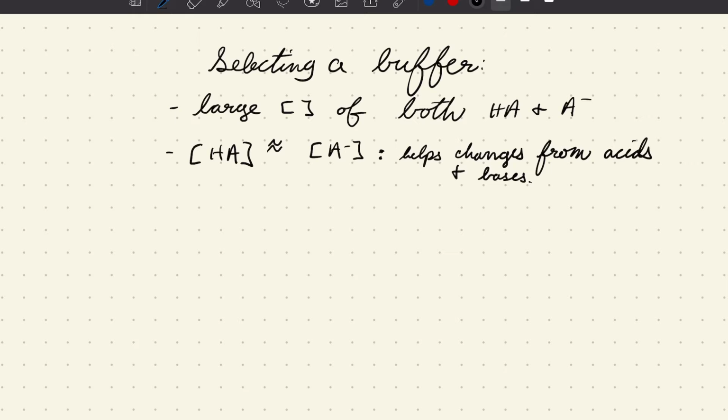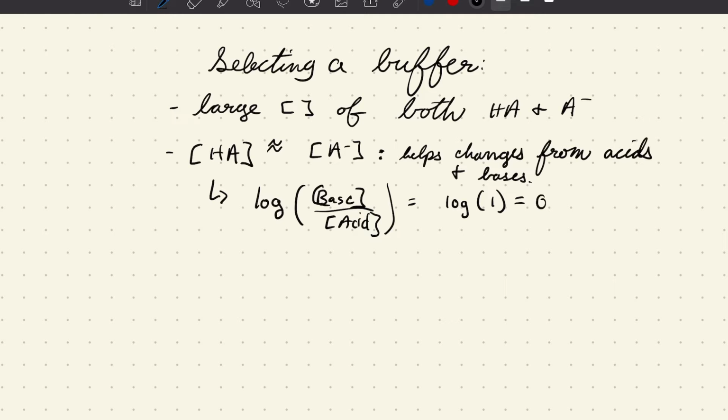So if HA is roughly equal to A minus, that means the log of base over acid, which you'll recognize from Henderson-Hasselbalch, is going to be pretty close to the log of 1, which is just 0.